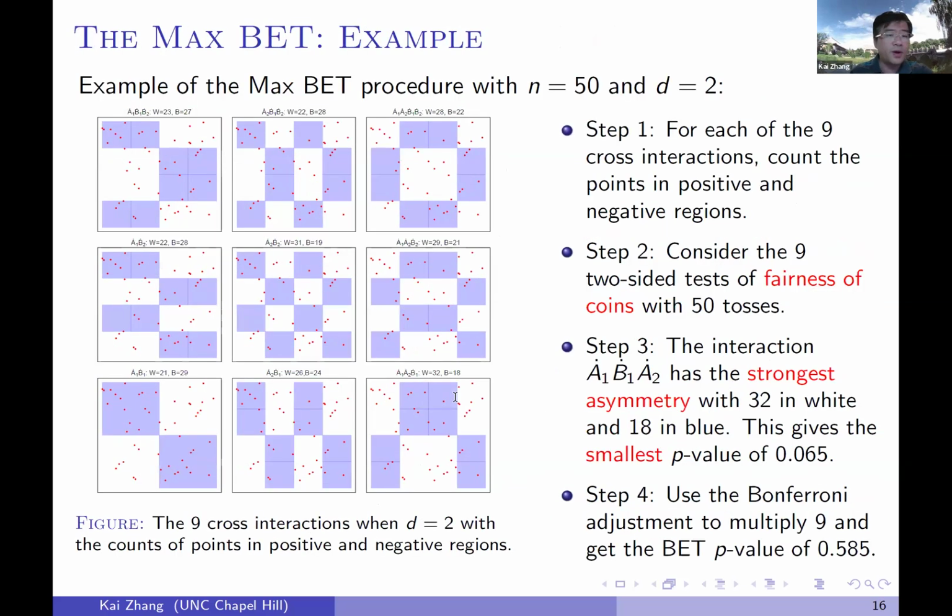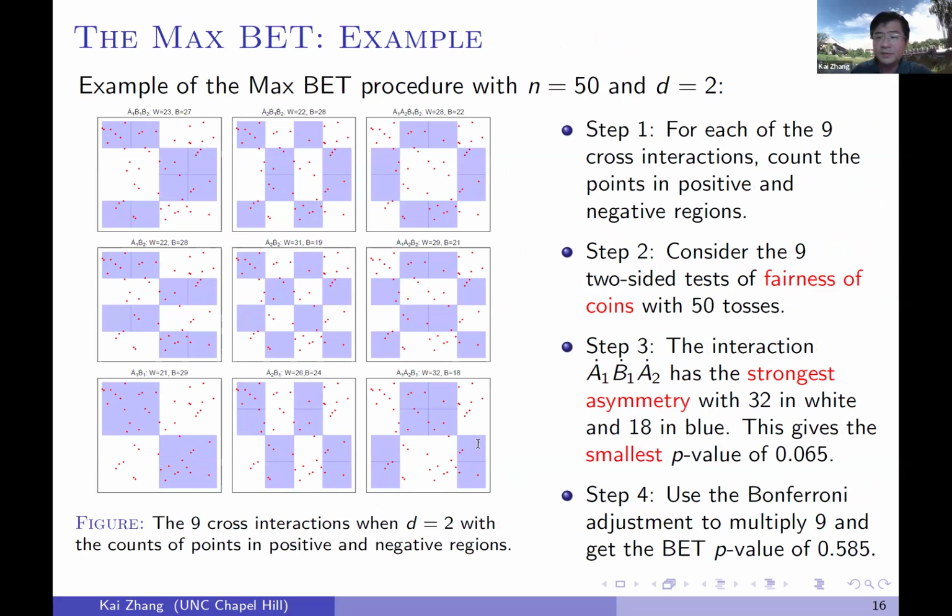And the first test we propose is quite simple. We call it MaxBet. The idea is that for each of these cross interactions, we count how many points are in white and how many points are in blue, and we look for the biggest discrepancy, which happens here for this example. There are 50 points, and we have 32 in white, 18 in blue.